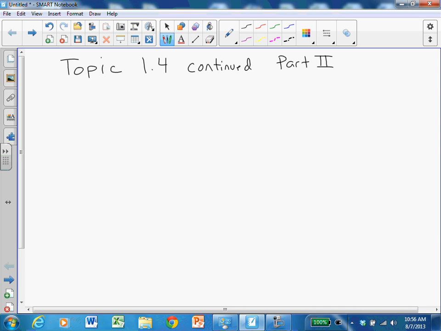So sometimes, or many times, the question of components comes up with vectors. And that's how much of a given vector is pointing in a certain direction.